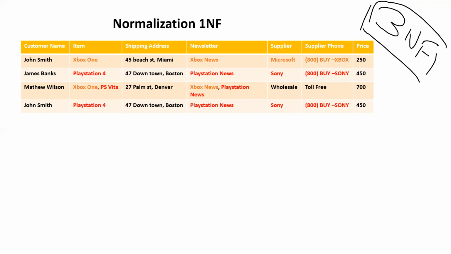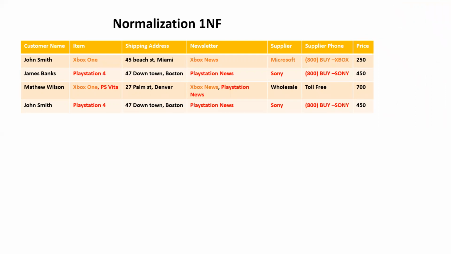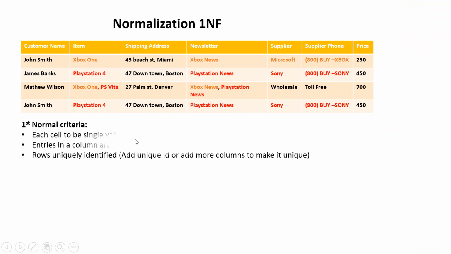So now if you see here, I want to convert this particular table to a first normal form. Now the question arises, what is the criteria of a first normal form? How will I make sure that my table is at the first normal form? The first is each cell should be single valued, right?